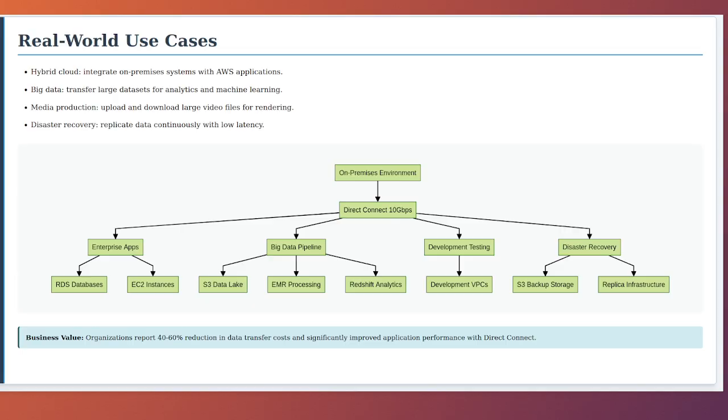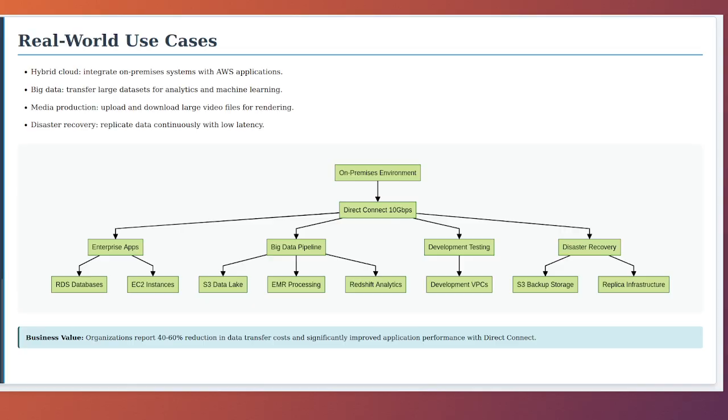Big data pipelines transfer data to S3 and process it with EMR and Redshift. Development teams use AWS for testing environments that need to access on-premises services. Backup and disaster recovery systems replicate data to AWS for off-site storage. All these workloads share the same Direct Connect connection but may use different virtual interfaces or routing policies.